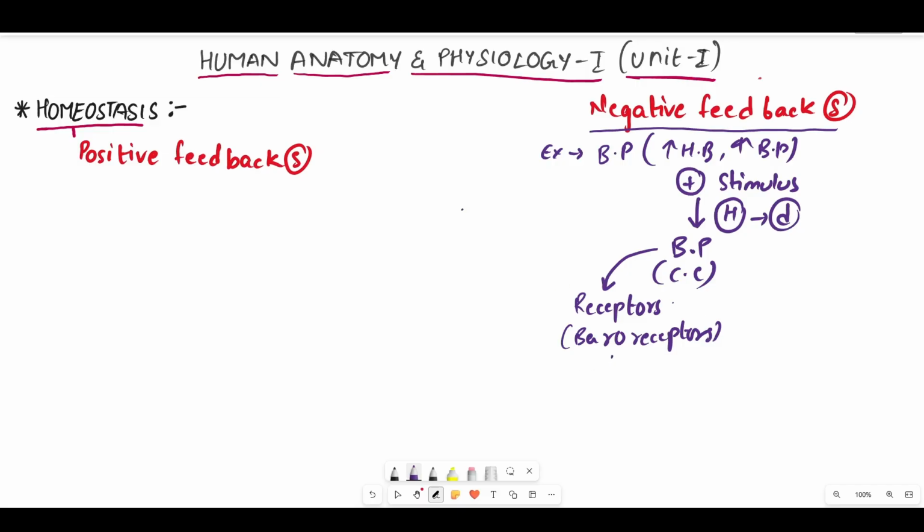So once these receptors have got the information, they will be sending that input in the form of nerve impulse to the control center. The control center will be the brain.